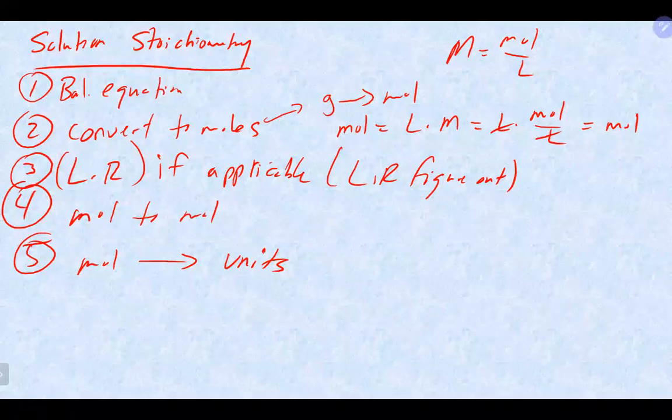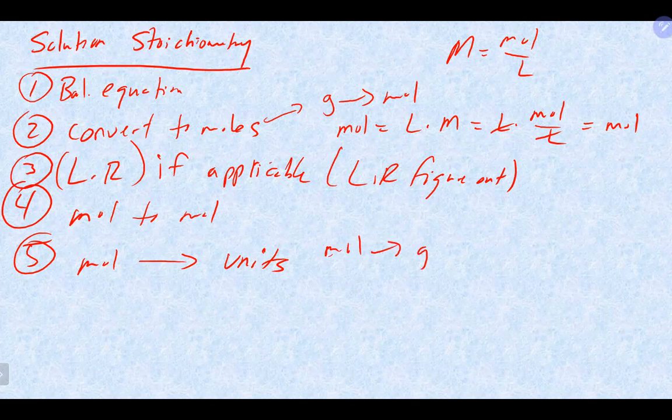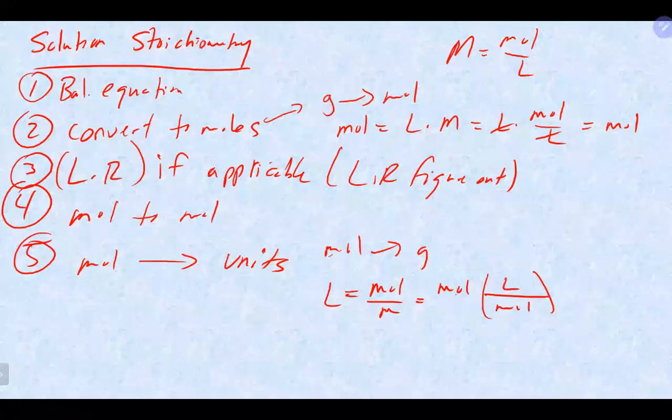And at the back end, multiple things are usually in play. Moles to grams is obviously still a very common ending, but using molarity on the back end is also common. We could use our molarity to find the liters, for example, which would be moles divided by molarity, really moles divided by moles per liter, so that they cancel and you end up with liters.